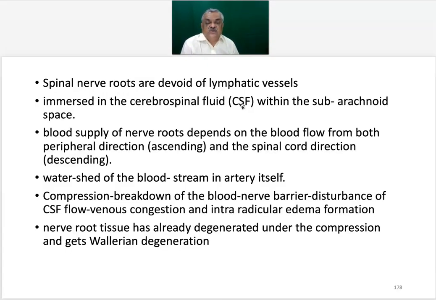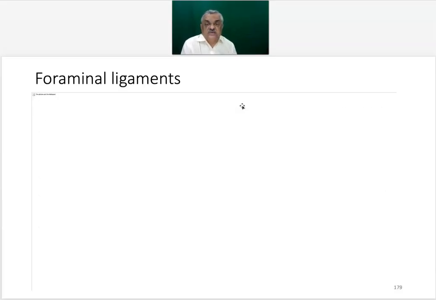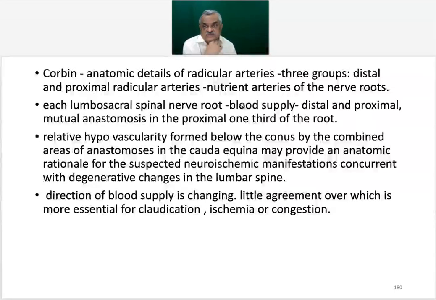Compression and breakdown of the blood-brain barrier, disturbance of CSF flow, venous congestion, and intraradicular edema formation are seen in cases of stenosis. Nerve tissue has already degenerated under compression, then gets Wallerian degeneration, giving rise to further symptoms.